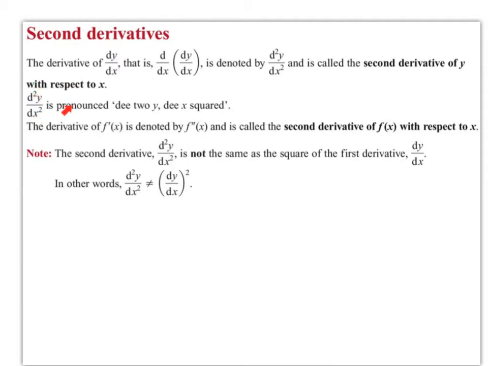The derivative of f prime of x is denoted by f prime prime x or f double prime x, and is called the second derivative of f of x with respect to x. Note, the second derivative, d2y dx squared, is not the same as the square of the first derivative dy dx. In other words, d2y dx squared is not equal to dy dx all squared.